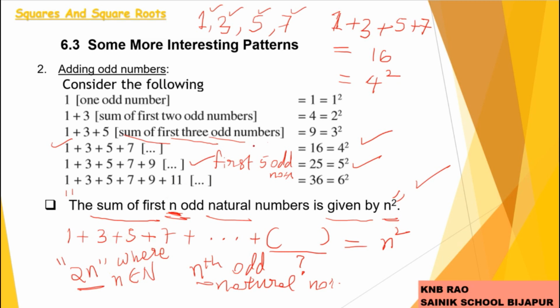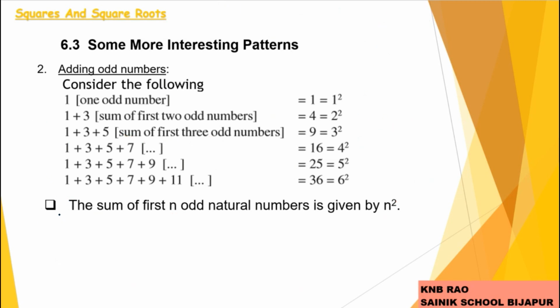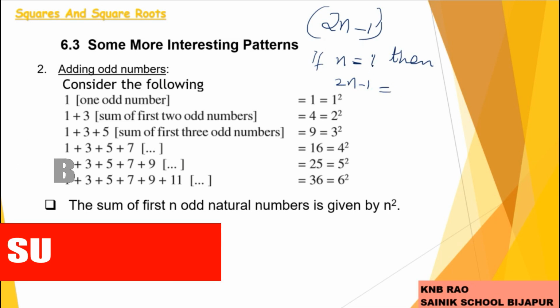You can observe, I will change the color and let me write here 2n minus 1. If n equals 1, then 2n minus 1 gives 2 1s are 2, 2 minus 1 is 1.